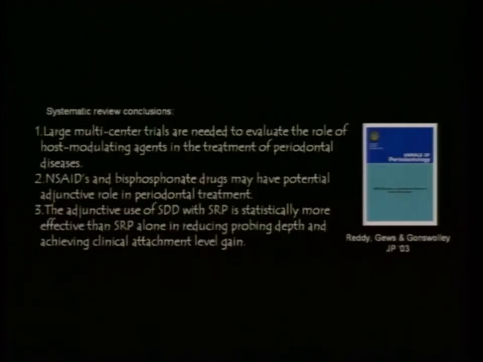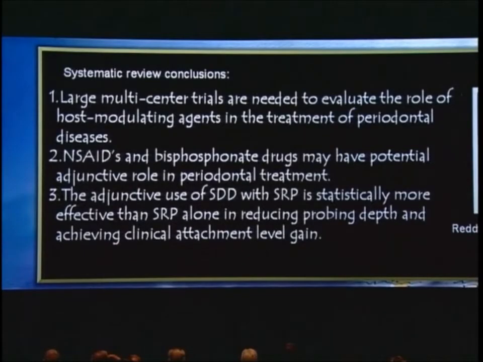And after a large systematic review, they conclude large multi-center trials are needed to evaluate the role of host-modulating agents in the treatment of periodontal disease. That sounds familiar. NSAIDs and bisphosphonate drugs may have potential adjunctive role in periodontal treatment, and the adjunctive use of subantimicrobial dose doxycycline with SRP is statistically more effective than SRP alone in reducing probing depth and achieving clinical attachment level gain.